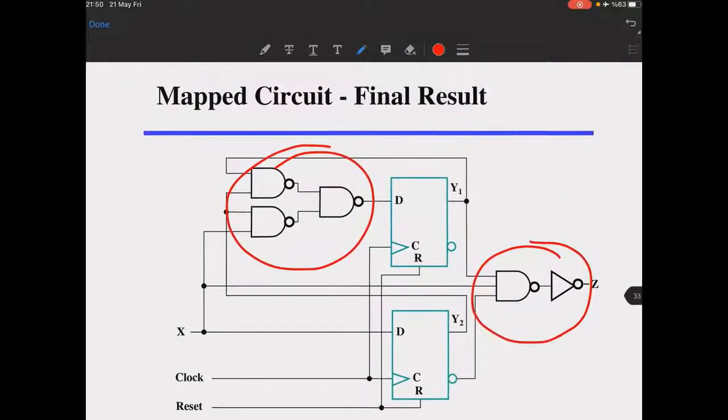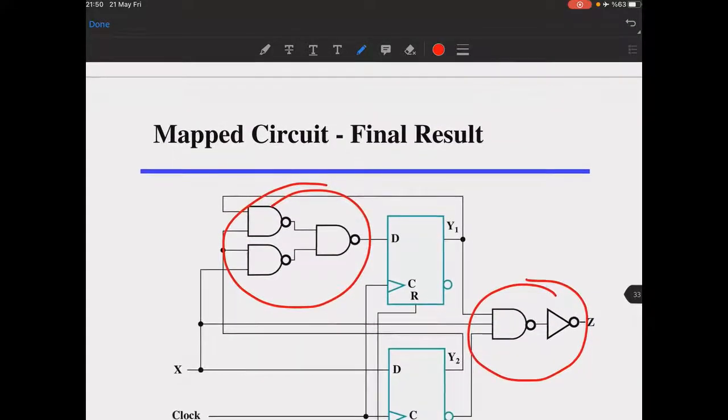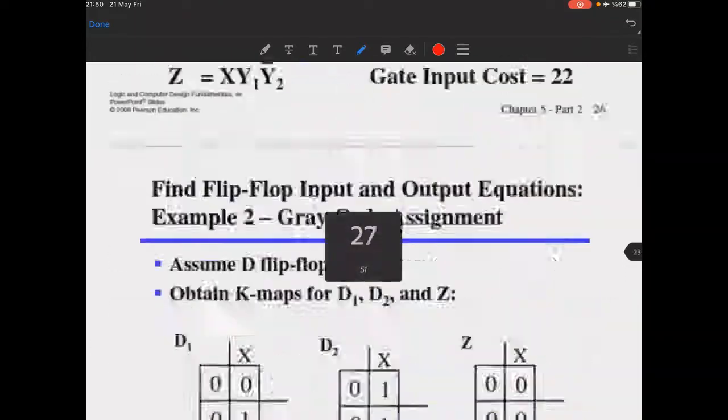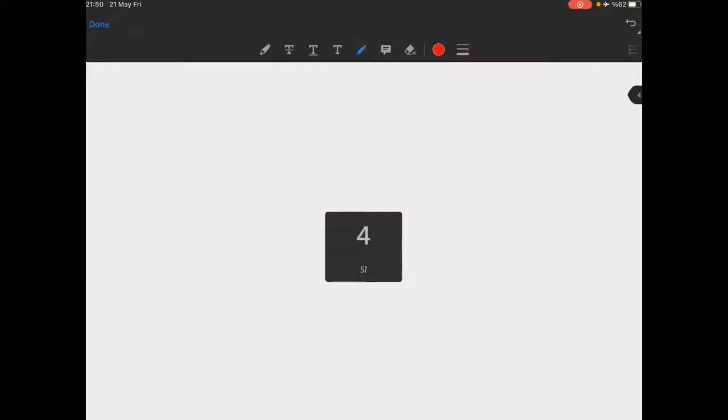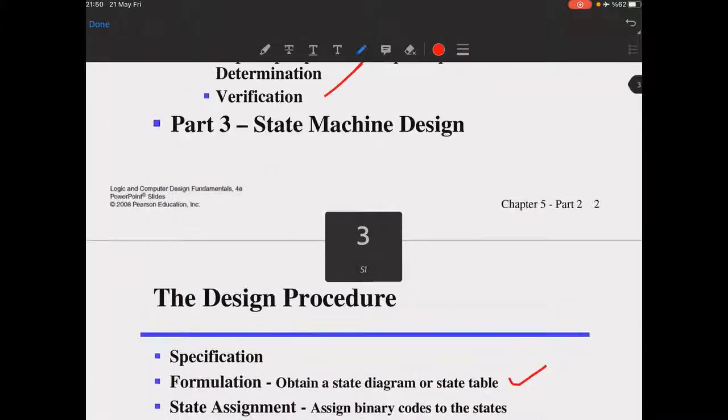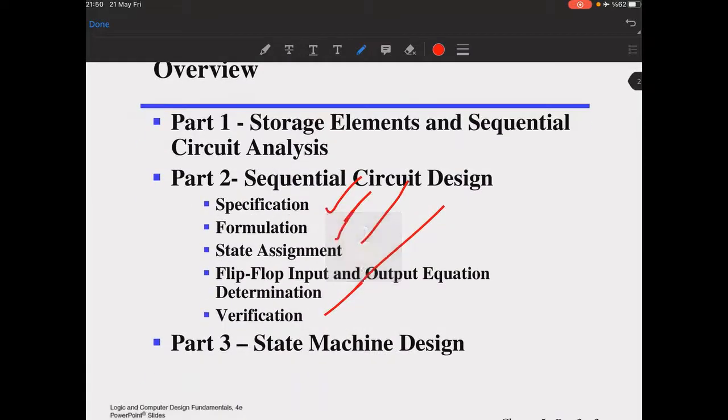Okay, this is about how we do it. Of course we don't have the verification part here, but we just discussed from specification we move to formulation.